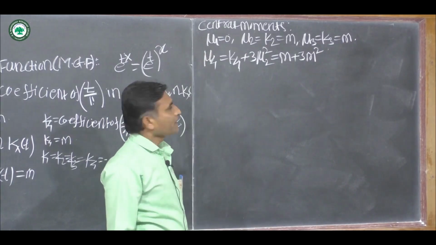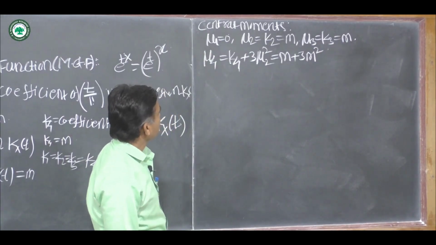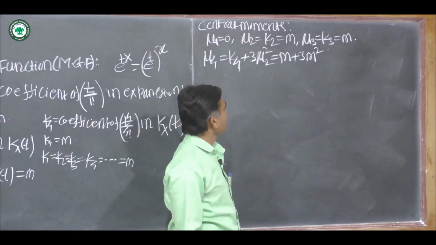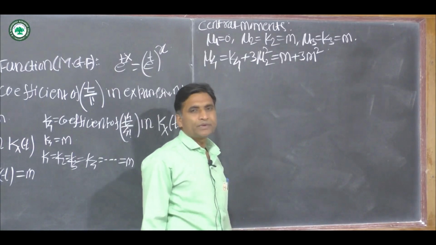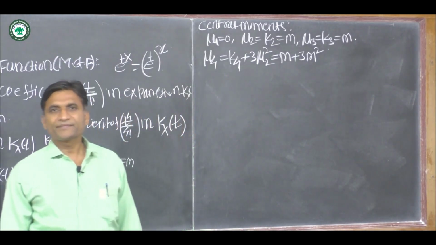These are the first 4 central moments of the Poisson distribution. Mu2 equal to m, mu3 equal to m, mu4 is equal to m plus 3 into m square. Okay, thank you.